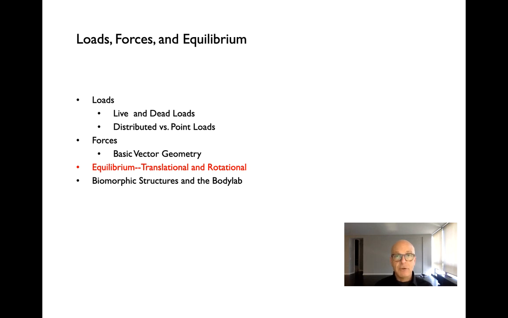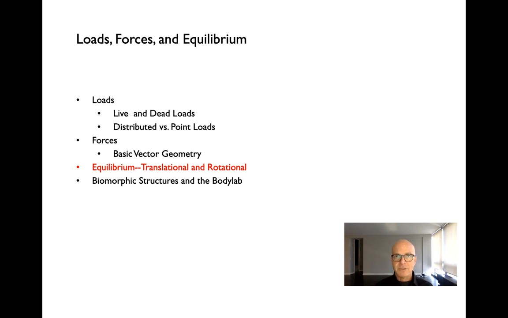We'll talk about not only how we think about equilibrium in terms of translation, up, down, left, right, but also in terms of rotational equilibrium, whether our building is spinning around or not. That may sound a little ridiculous, but it actually, as we'll see, has real applications when we're talking about things like beams.